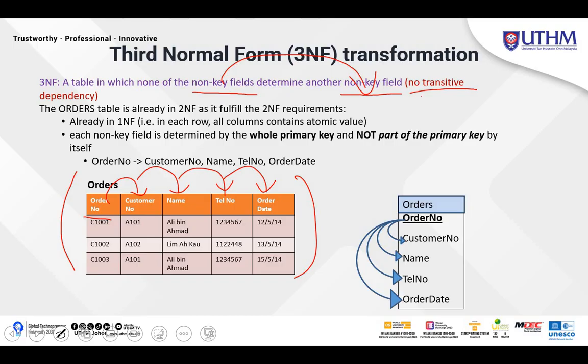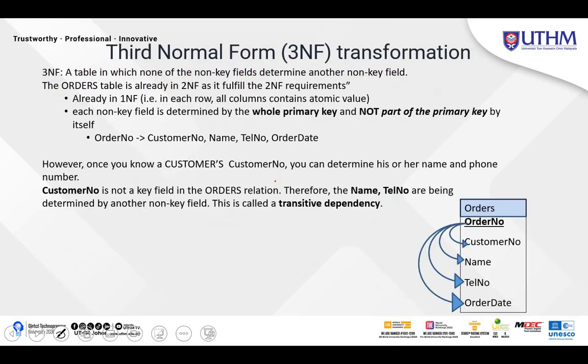Previously. But if you see here, besides order number, there is one more attribute in this table able to determine other non-key attributes. Customer number alone can determine the customer name and the customer telephone number.